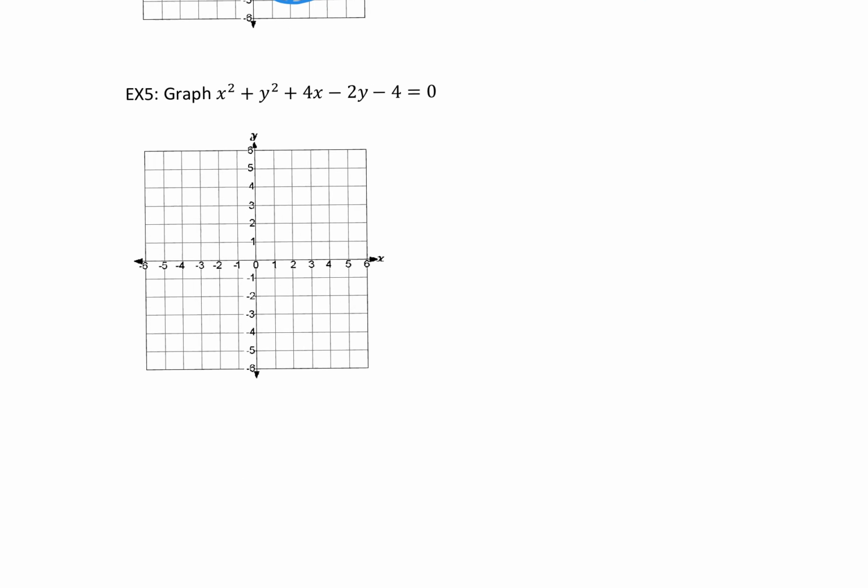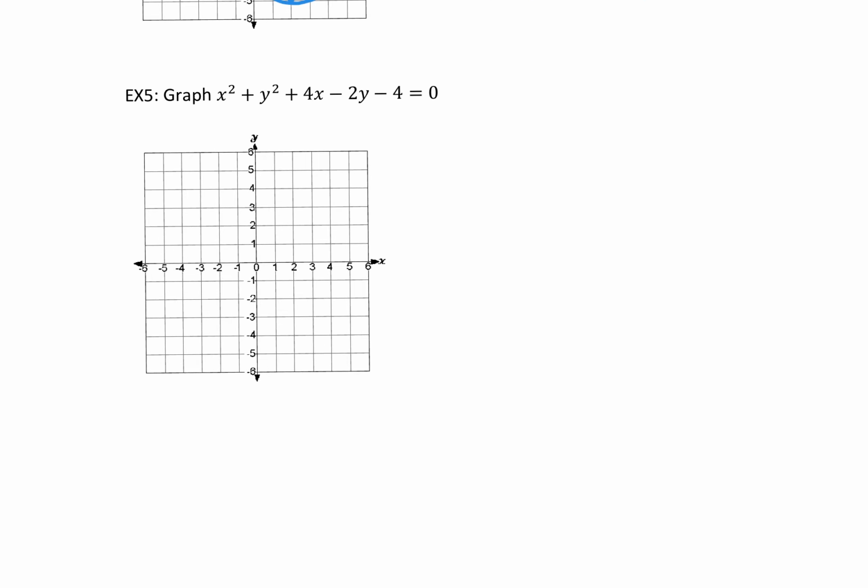The last example, all we're going to do is apply this idea of completing the square so we can actually take the equation of this circle and write it in the proper form. I know it's a circle because I have x squared plus y squared, and then I have some other stuff. All right. First thing we want to do is group our x's together, and then group our y values together so that we can complete the square on the x's and the y's.